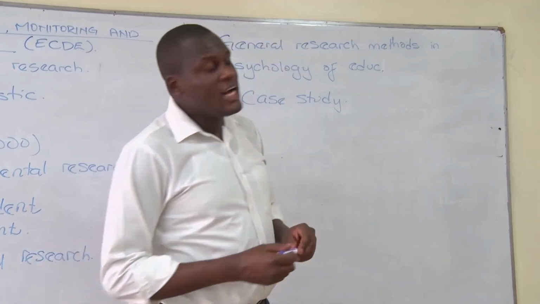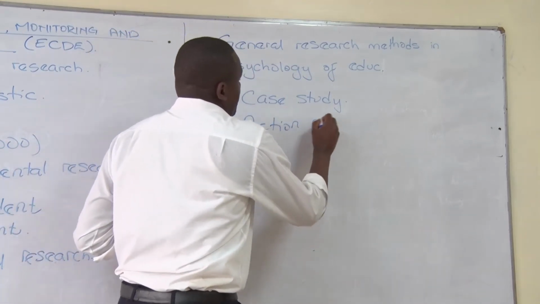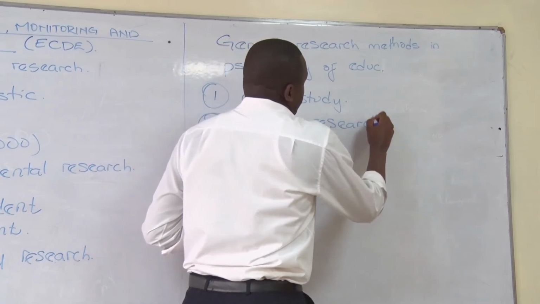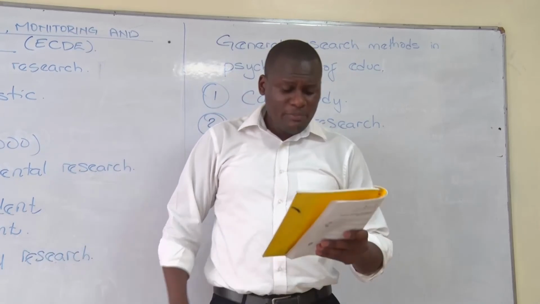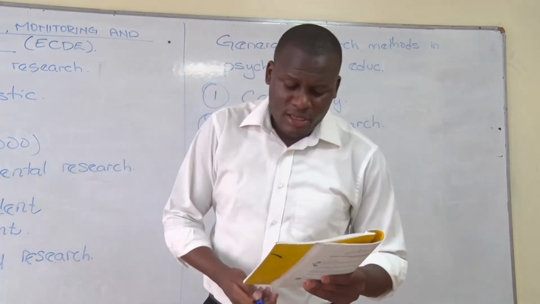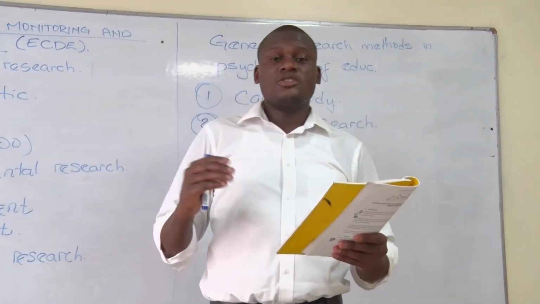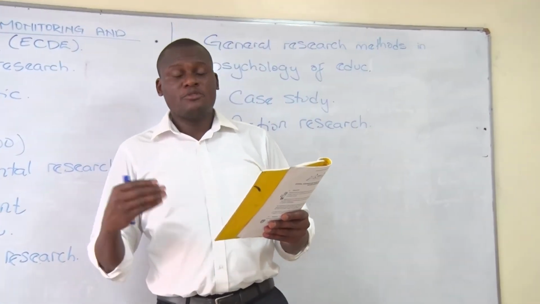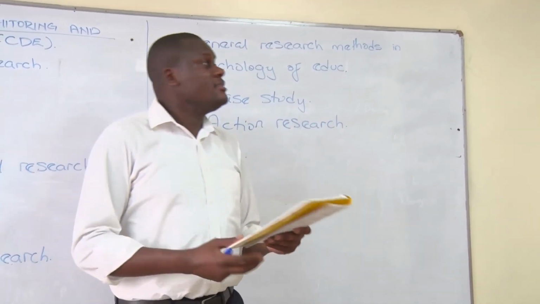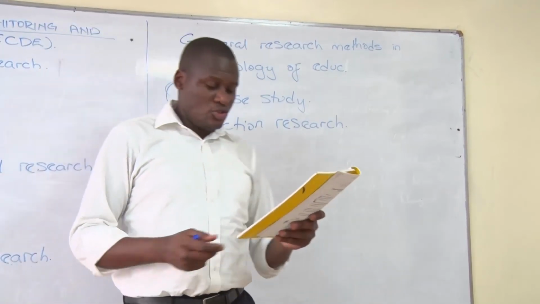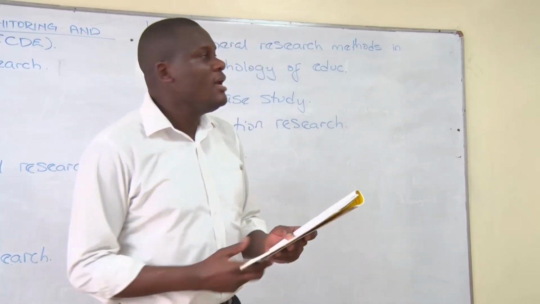Then we have what we call action research. This type of research is usually carried out to solve specific problems, for example, issues like shortage of water, or forms of teaching methodology in a particular school or setting. So in essence, the main purpose of action research is to solve a particular specific problem at a particular time.